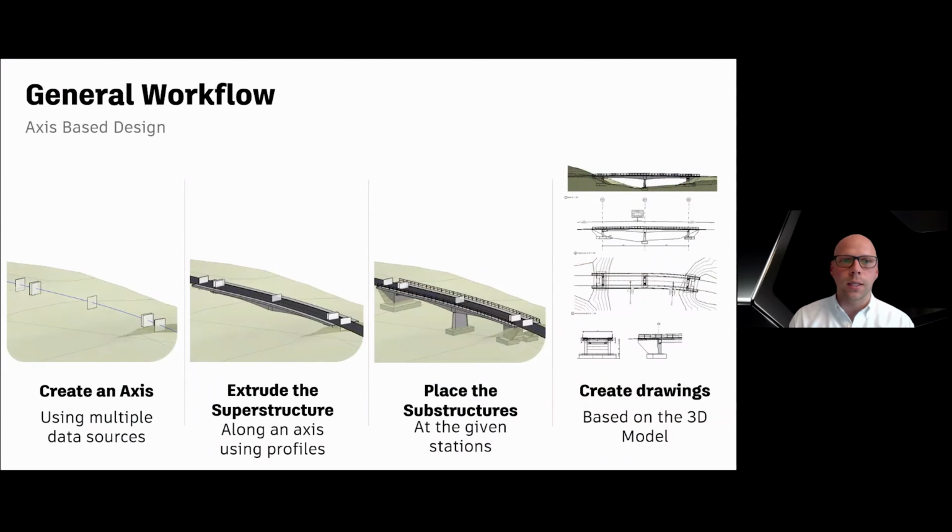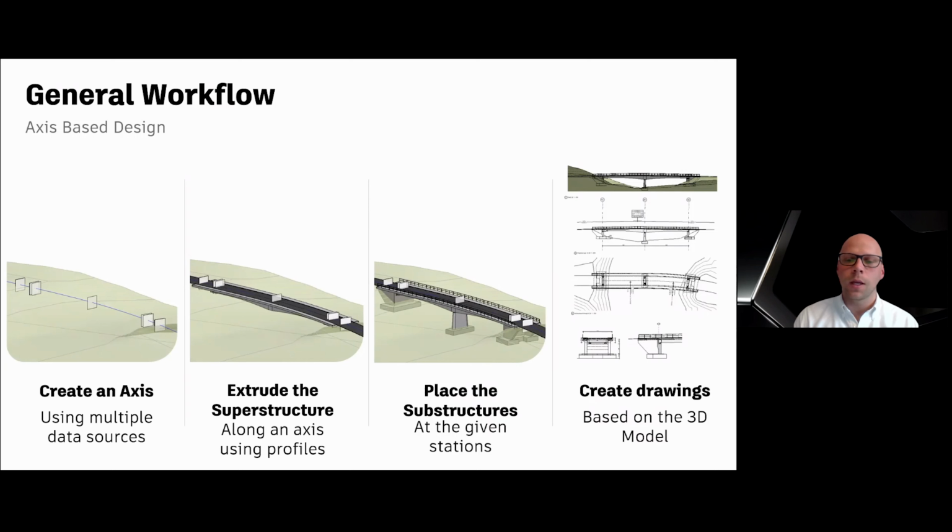I will start with the general workflow and how it looks. It's an axis-based design, which means that an axis is the backbone of the project. We can create one, or import it from multiple sources. Then, using this alignment information, we extrude the superstructure components along the axis using the 2D profile information.